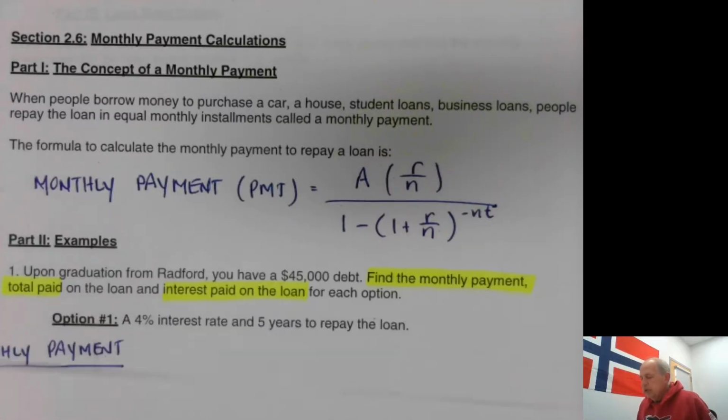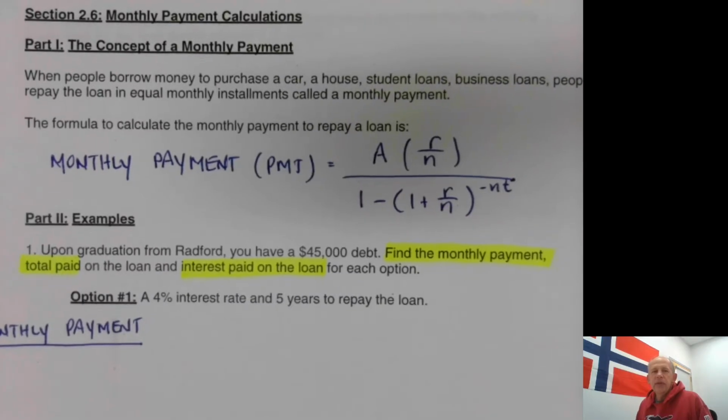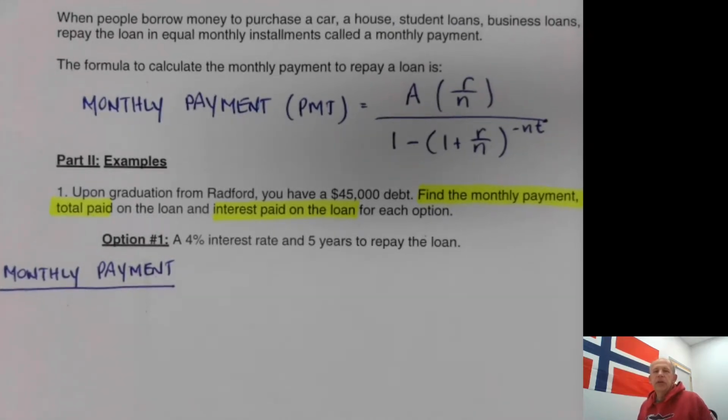So what we're going to do, we're going to take a look at a couple of examples of how this monthly payment formula works, by taking a look at an example of somebody with a student loan and repaying that student loan on a monthly payment schedule or a monthly payment program. So let's take a look at the specifics of this particular student's student debt.